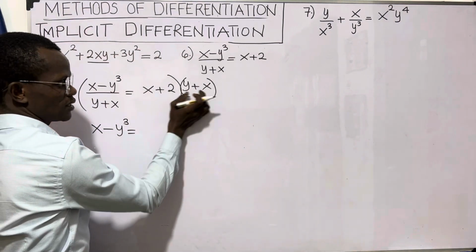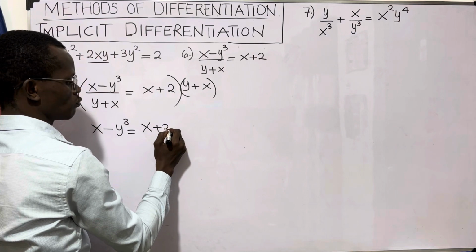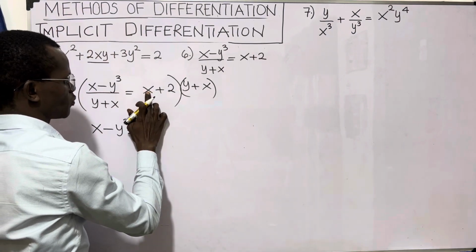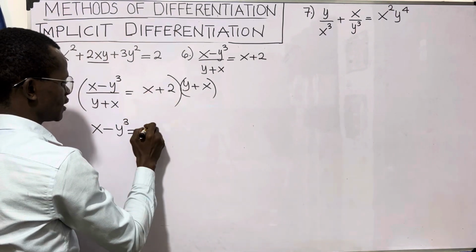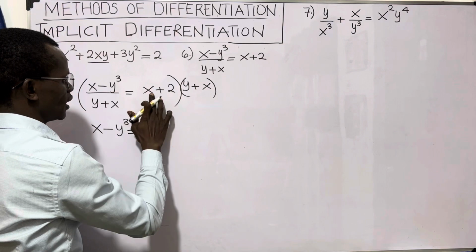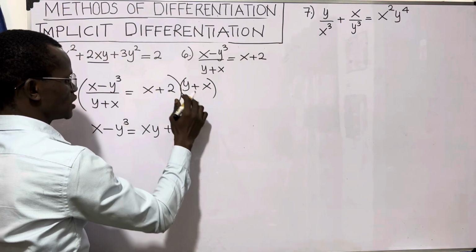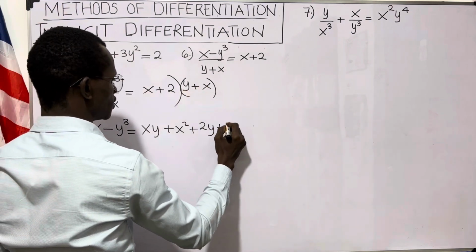And then y plus x times x plus 2: x times y is xy, x times x is x squared, 2 times y is 2y, and 2 times x is 2x.